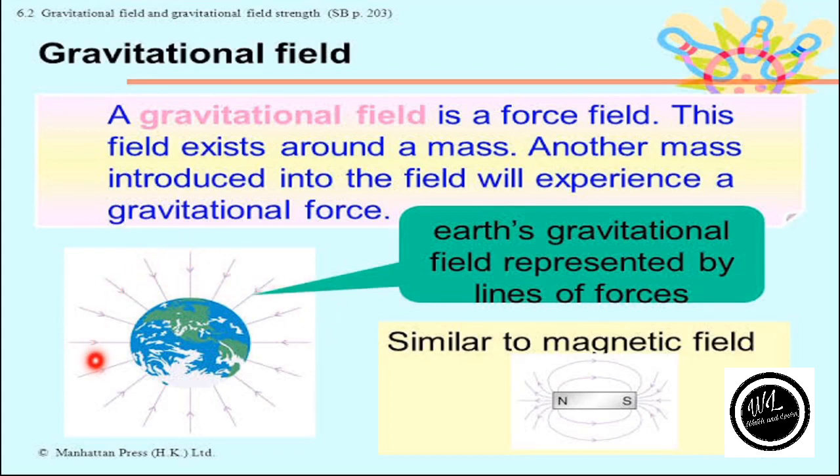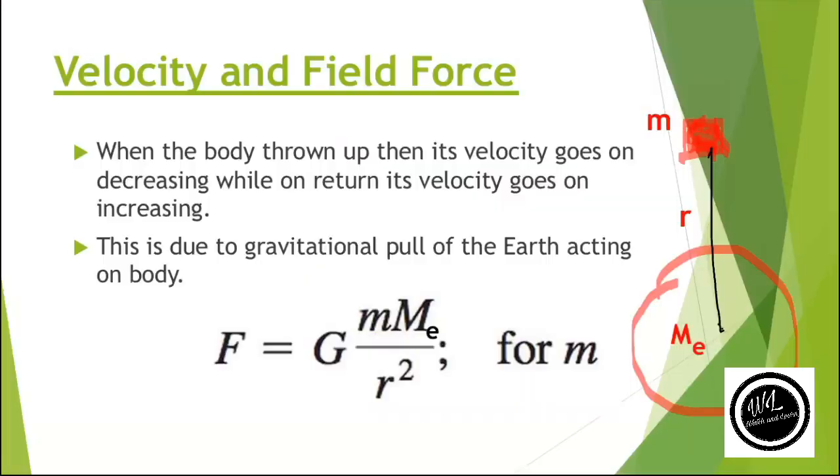The Earth's gravitational field is represented by these lines of forces, similar to the magnetic field. If we are in this region or in this space, we can feel the gravitational field. But if we move farther away from that field, the gravitational field will be weaker.